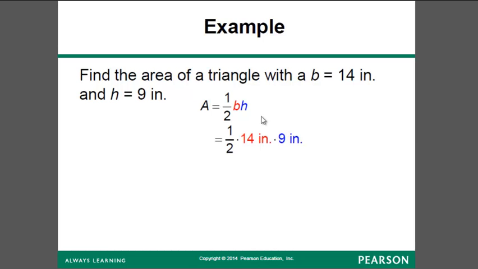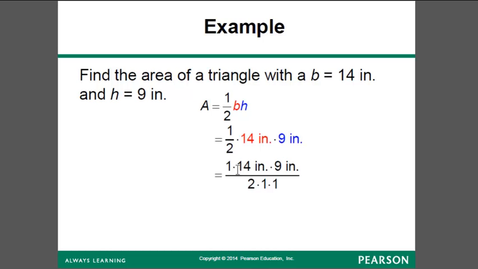And now then, also remember that when we're multiplying fractions by whole numbers, we think of the whole numbers as over 1, as I have done here. So I now have 1 times 14 inches times 9 inches on the numerator, and 2 times 1 on the denominator.